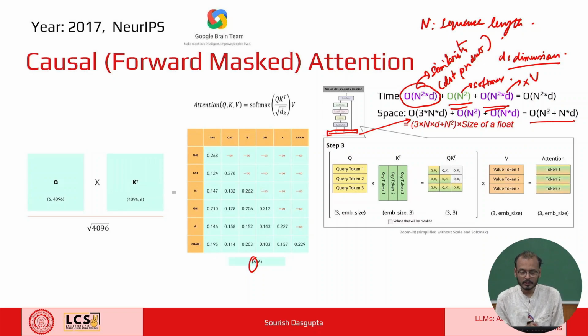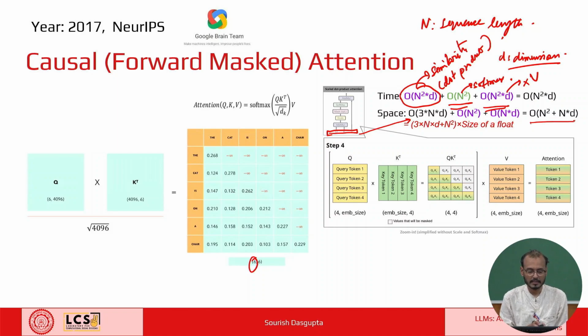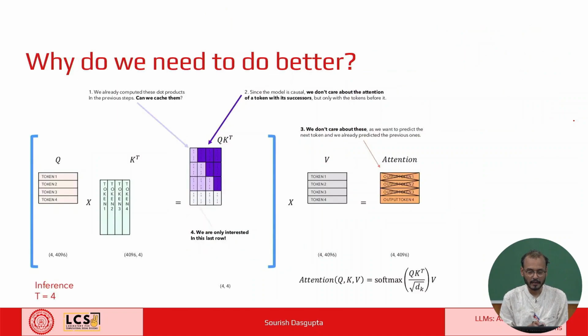So can we do better? Why do we need to do better? First of all, the context is causal. Causal means you don't look at what is upcoming, you look at what has already happened.